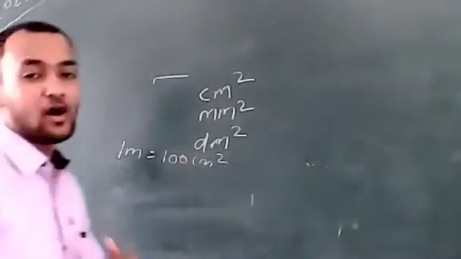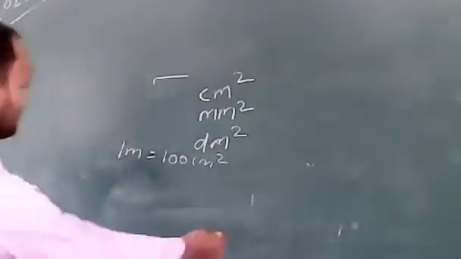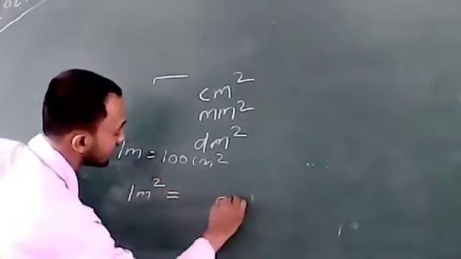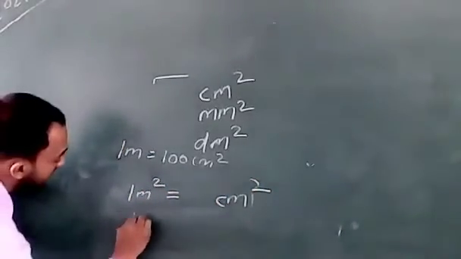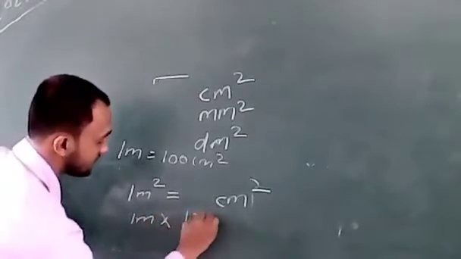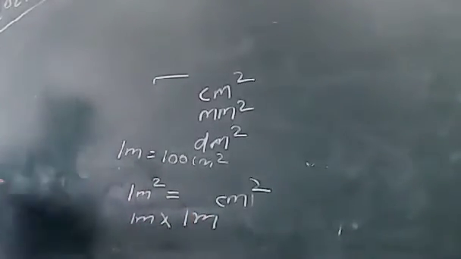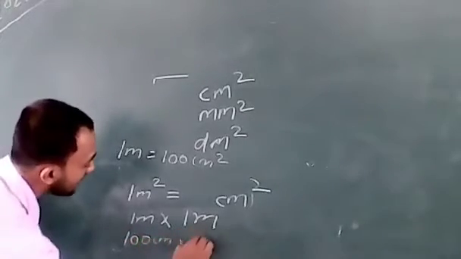So if we have to find out how many centimeter square are in 1 meter square, we have to calculate 1 meter square is equal to how many centimeter square. So 1 meter square means 1 meter into 1 meter, and 1 meter is equal to 100 centimeter, and the other 1 meter is 100 centimeter.